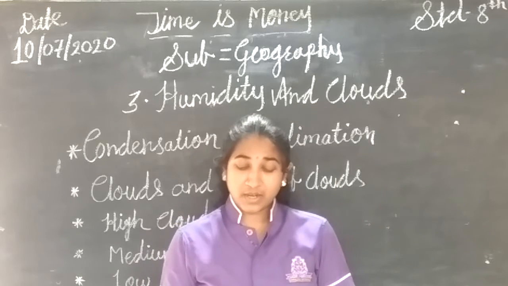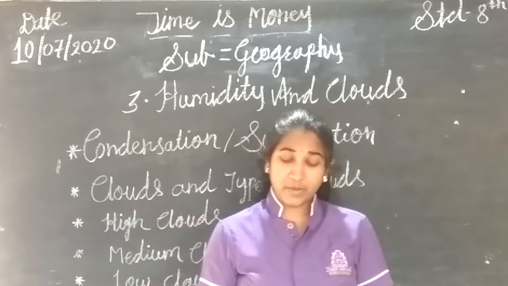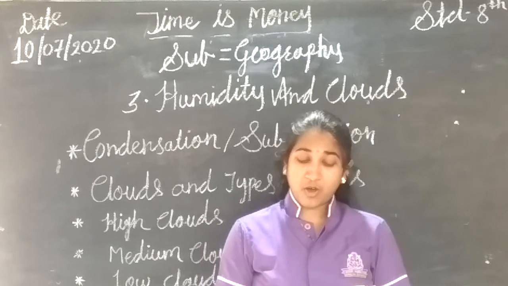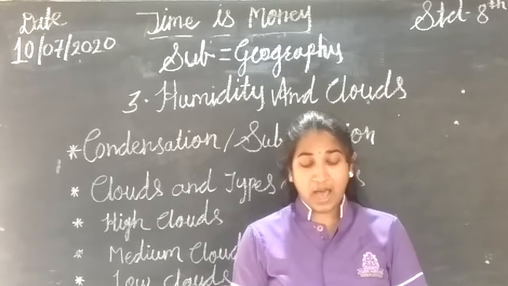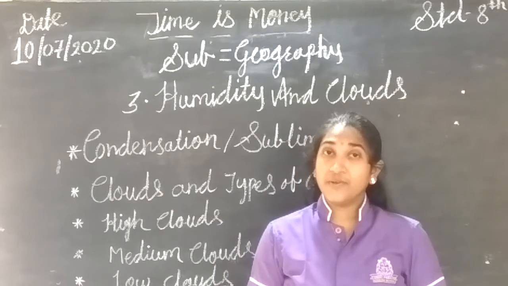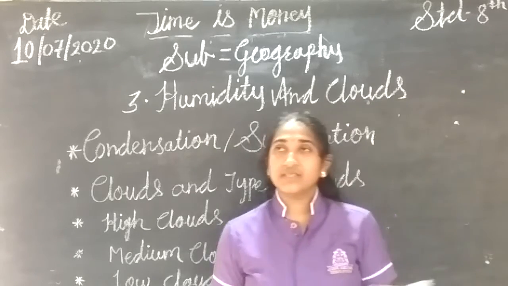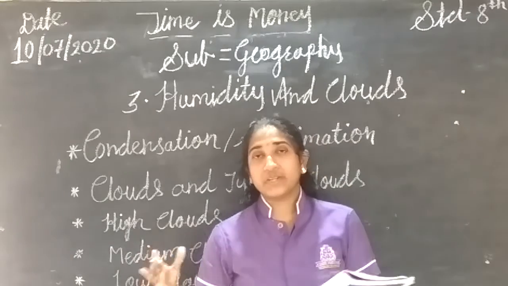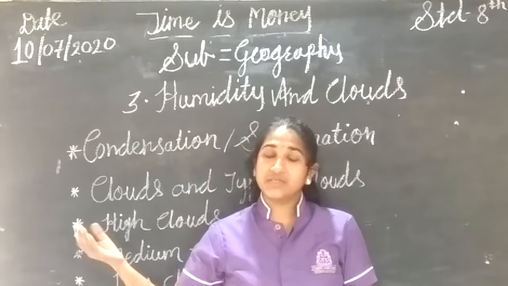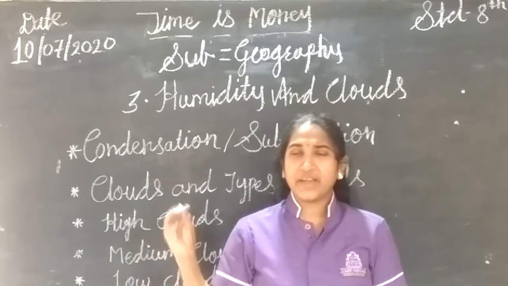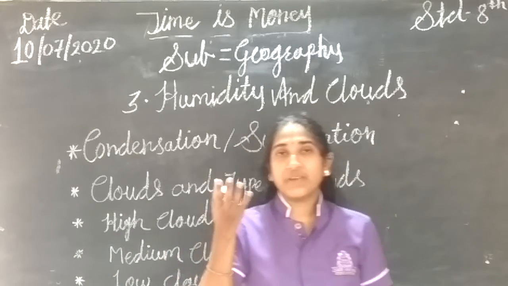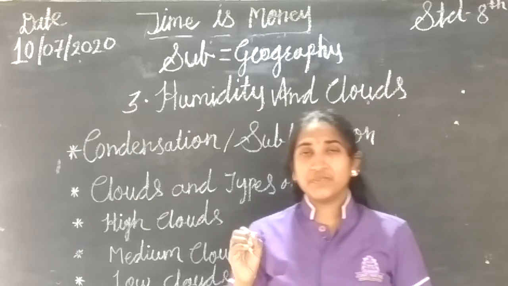Then condensation occurs around minute particles in the atmosphere. Condensed water or snow particles in the clouds are very fine and almost weightless, and so clouds float in the air. See how the cloud is formed: it is accumulated from vapors and fine dust particles, and its weight is very less.